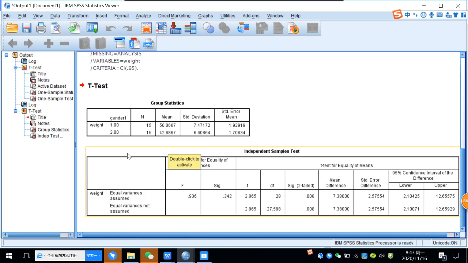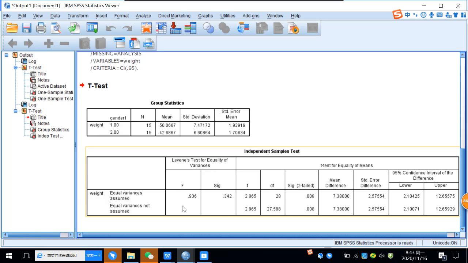Please, here shows 2 results. First is this part. The hypothesis is whether the variance of the 2 groups is equal. So here is the first test.